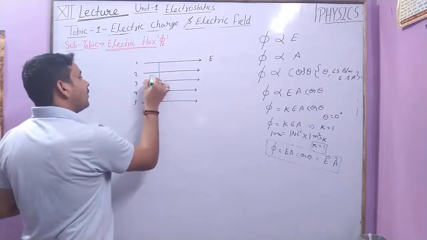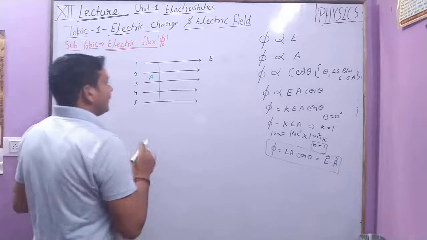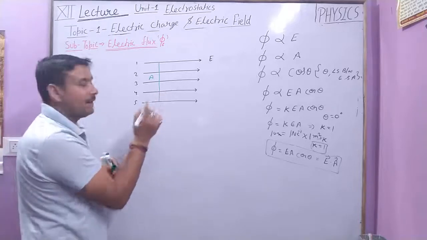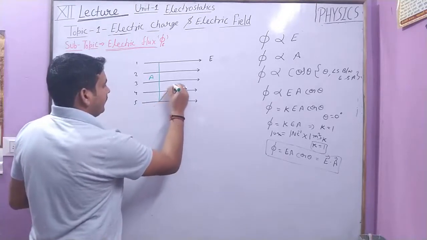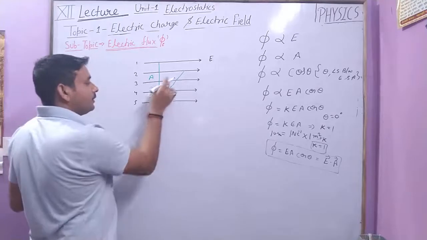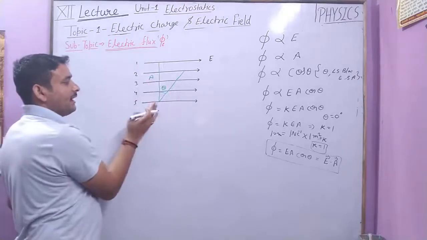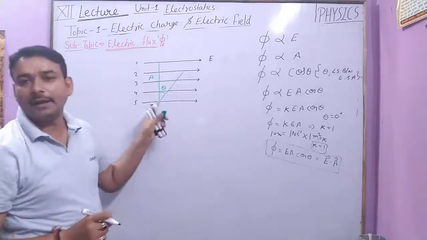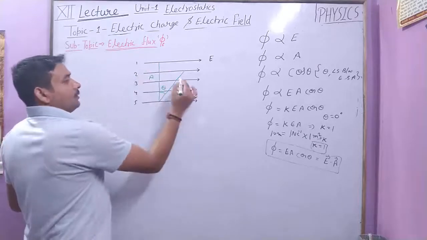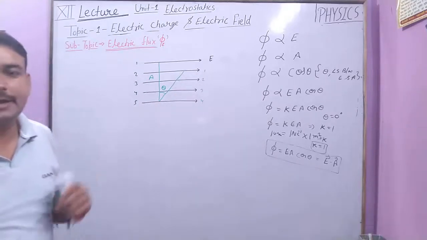A. Now if we tilt the surface by an angle like this, where the angle between the two situations is theta with the electric field, then we find that only lines 1, 2, 3 and 4 are linked with that surface.